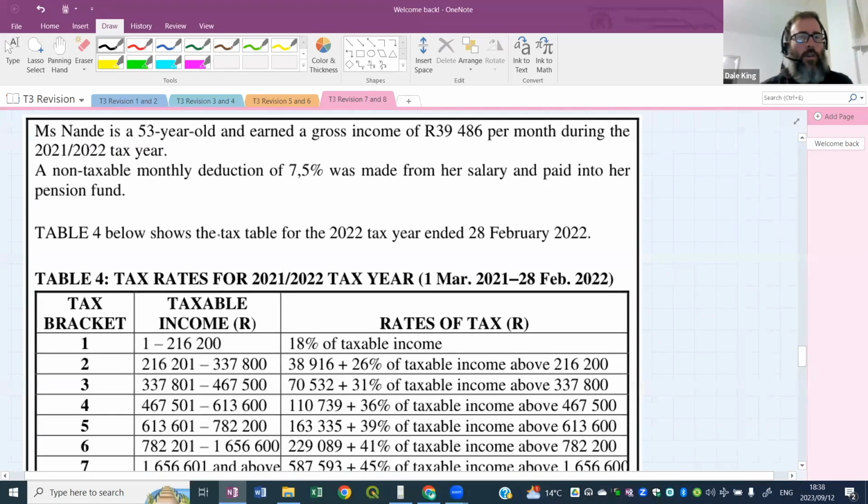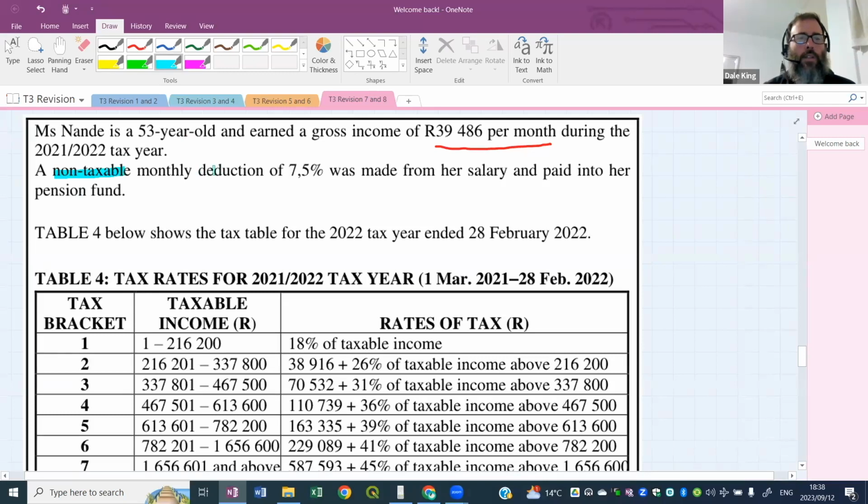We've got a new scenario here. We've got Miss Nandi, a 53-year-old who earned a gross income of 39,486 per month. So this one tells us it's a monthly gross income during the 21-22 tax year. A non-taxable monthly deduction of 7.5% was made from her salary and paid into her pension fund.